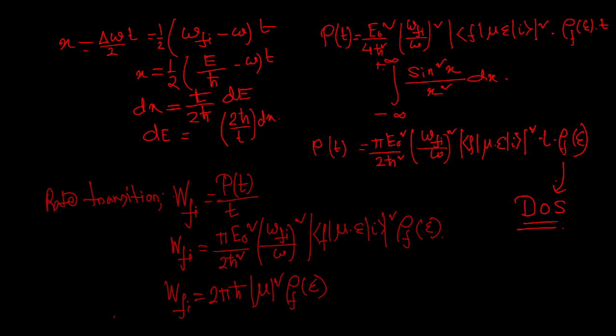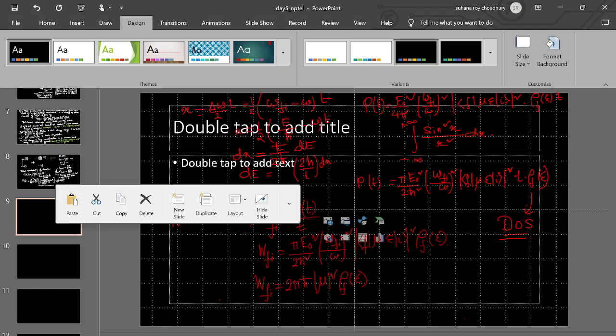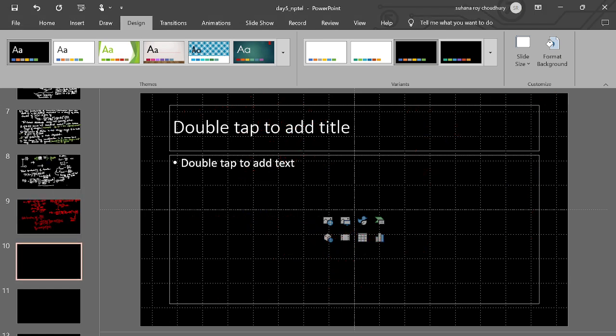Now the expression of mu square is d0 square by 4 h cut square.